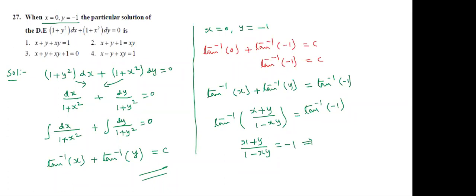Now do the calculation. X plus y is equal to minus 1 plus xy. Now by observing the options I am calculating x plus y, minus 1 sent to left hand side, that is plus 1 is equal to xy. This is the answer. Students, which option is correct? Second option.